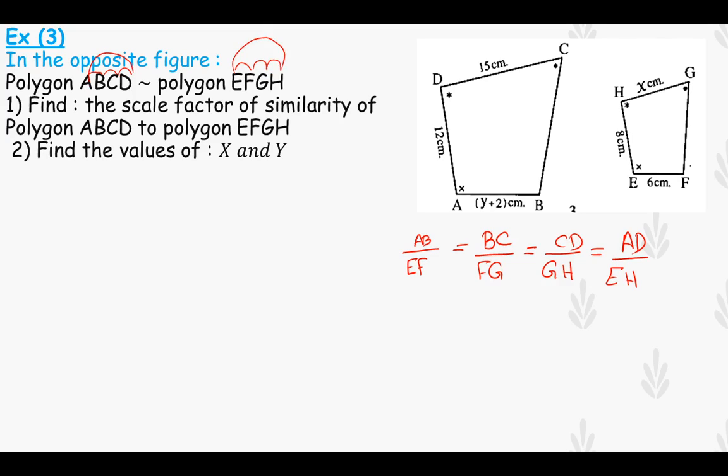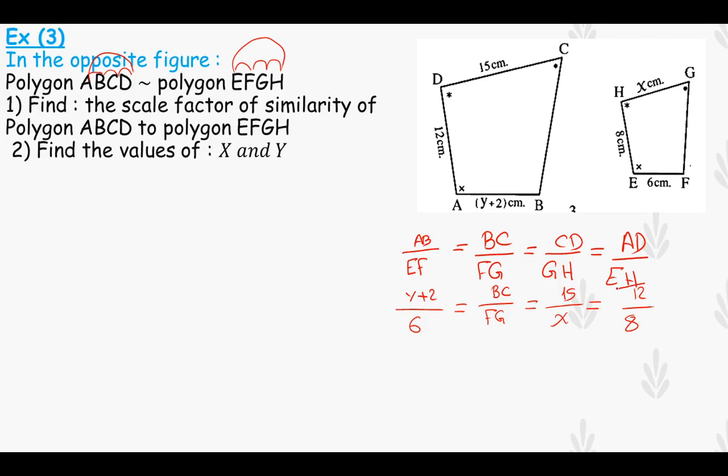Okay, let's write the length of each side. AB equals y plus 2 over EF, 6 centimeter, equals BC, we don't know the length of BC, over FG, also we don't know the length of FG. This equals CD, which is 15, over GH, x centimeter, equals AD, 12, over EH, which is 8 centimeter.